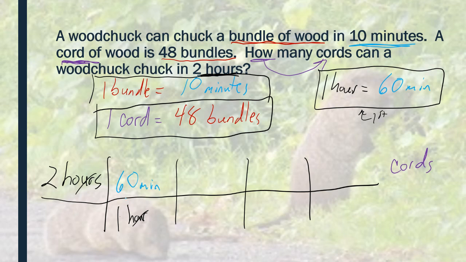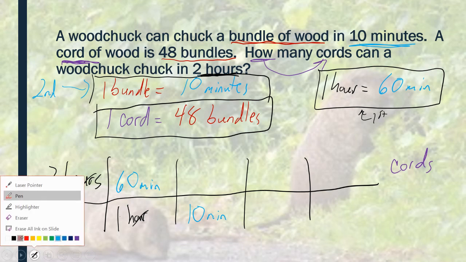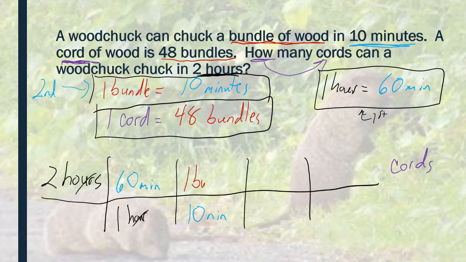So that's good. The second one we're going to need to use needs to have blue in it. And the only one that has blue in it is this one. So this one's going to be second. And we want that 10 minutes to be in the denominator to cancel out with the 60 minutes. If we put that at the bottom, then the one bundle has to go in the numerator. And that gets rid of minutes.